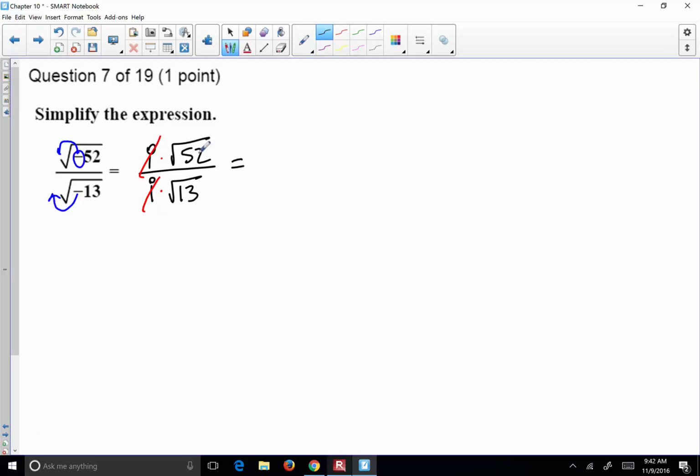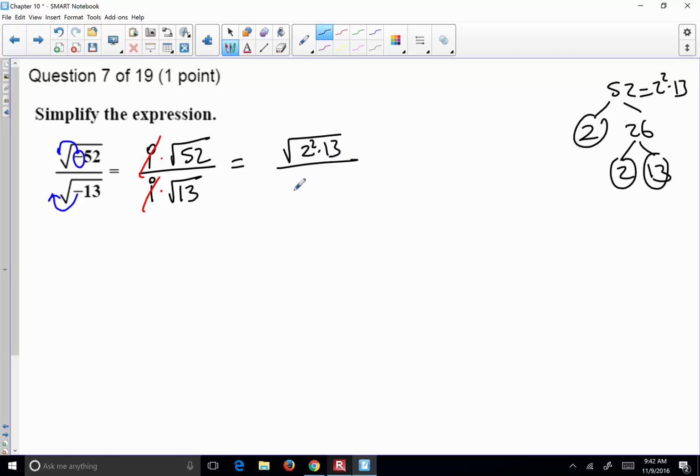Next, we have 52. You just need to break 52 into parts. What two numbers multiply to 52? 2 and 26. Yes, and then another 2 and 13, it's 2 squared times 13. And there is nothing you can do on the bottom. 13 is a prime number, it won't break.